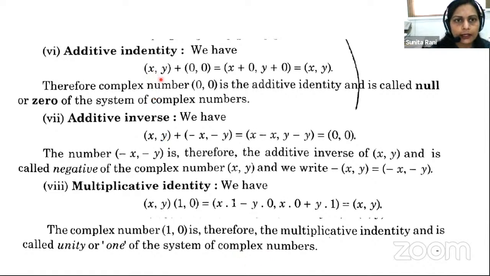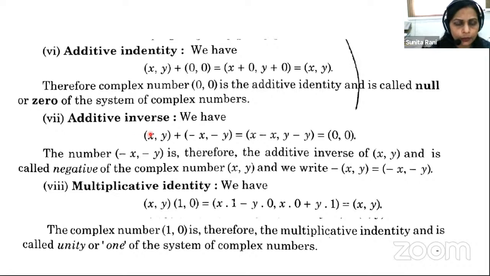So look here, (x, y) plus (0, 0), zero complex number, 0 plus iota 0. This is x plus iota y plus 0 plus iota 0. X plus 0, second element is y plus 0. Again, we get (x, y). That means we can say that (0, 0) is the additive identity of a complex number.